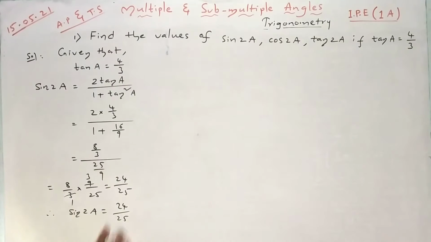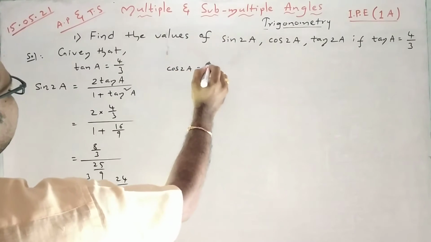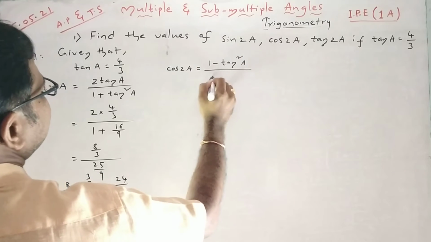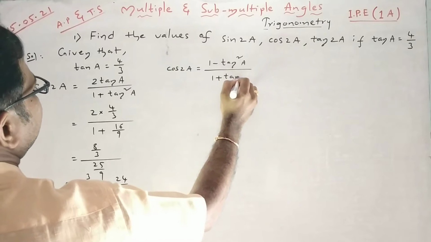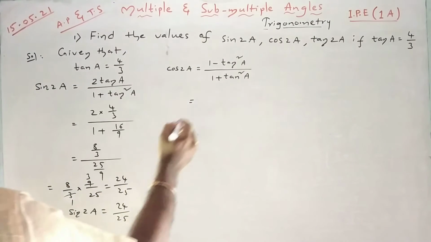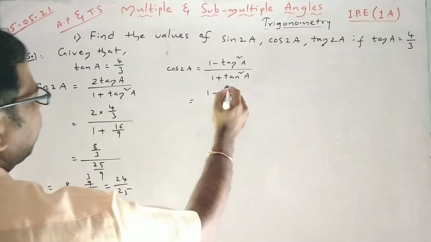Okay. Similarly, cos 2a also we have one formula in terms of tan. 1 minus tan square a upon 1 plus tan square a. You can check the formula once. Tan a value is already given, 4 by 3.